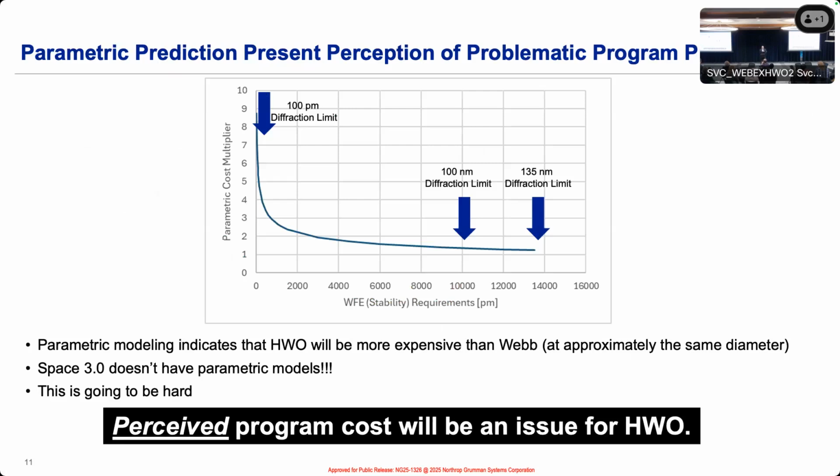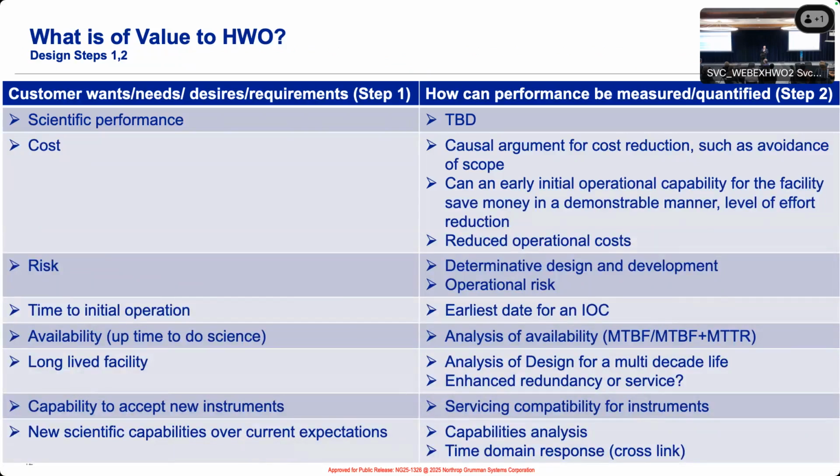No matter what we do, we're going to have to think about costs and more appropriately face the problem of perceived cost. So if we can avoid cost by exploiting Space 3.0 to reduce scope, defer things, decomplicate them, shorten them, we will gain significant benefit. So what is of value to HWO?